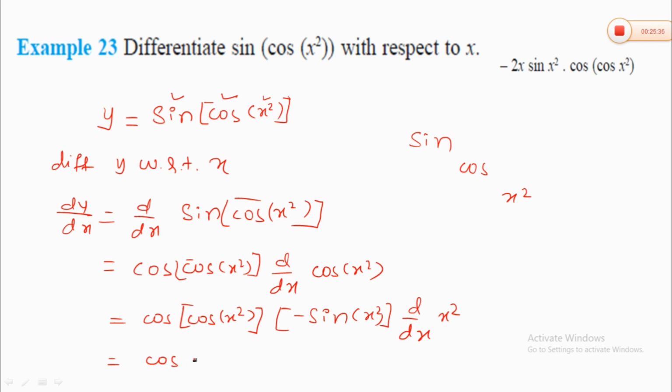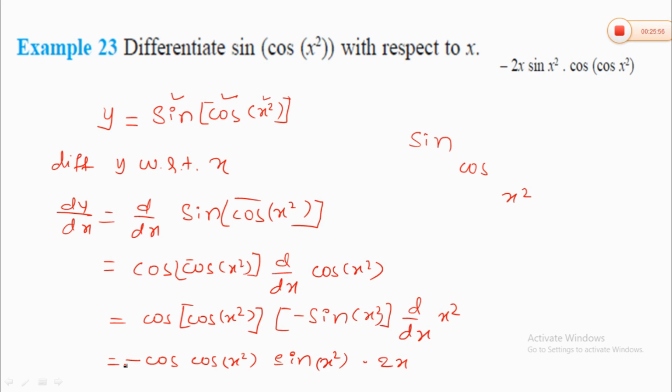Cos of cos x square, sin of x square, and the derivative of x square is 2x, and here it is minus, so keep this minus.